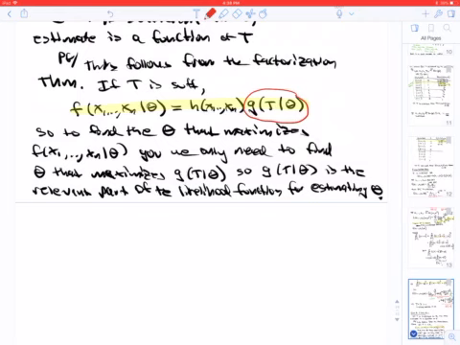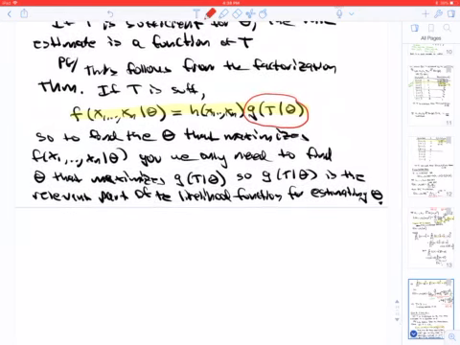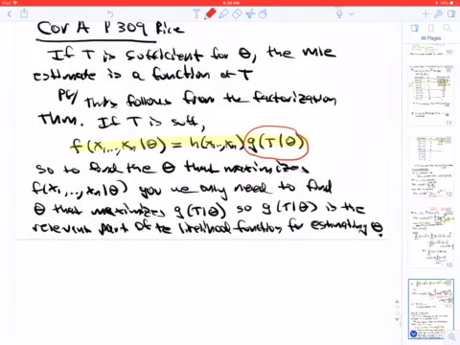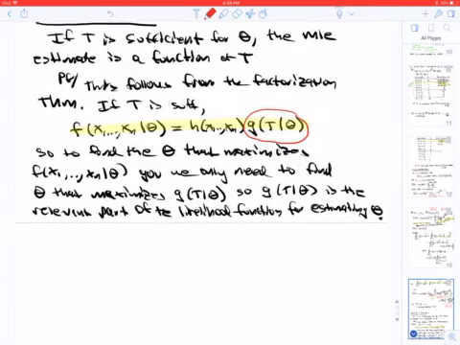And so to maximize our likelihood function here, all we need to do is find the theta that maximizes g of t, theta, right? Because if we find the theta that maximizes the g part, then that theta is going to maximize f, right?